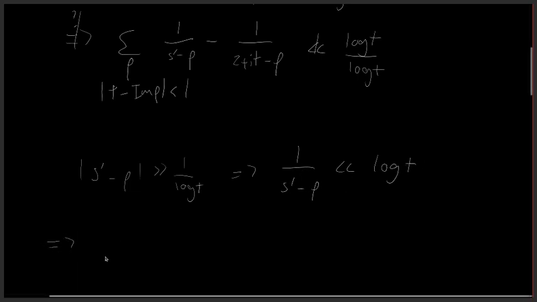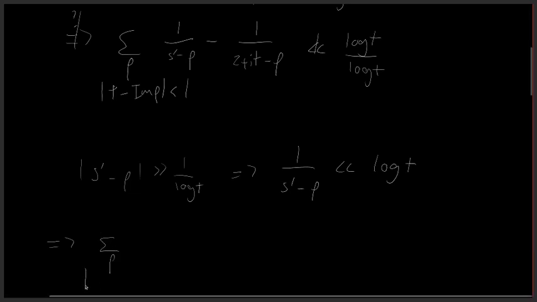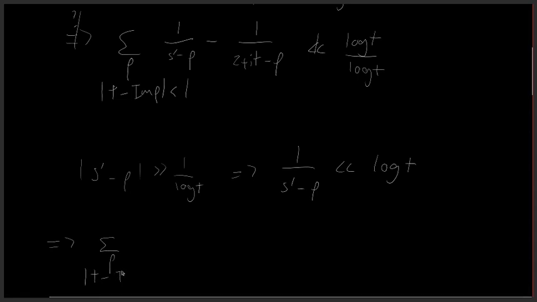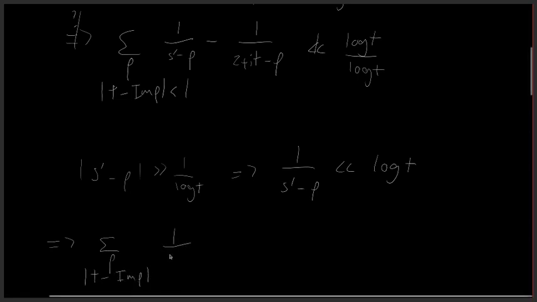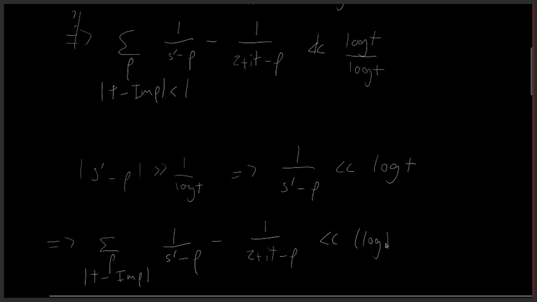And that implies that the sum over the zeros rho such that t minus the imaginary part of rho is less than 1, of 1 over s prime minus rho minus 1 over 2 plus it minus rho, is at most log t squared, maybe with some caveats when t is close to 0, but for large t.